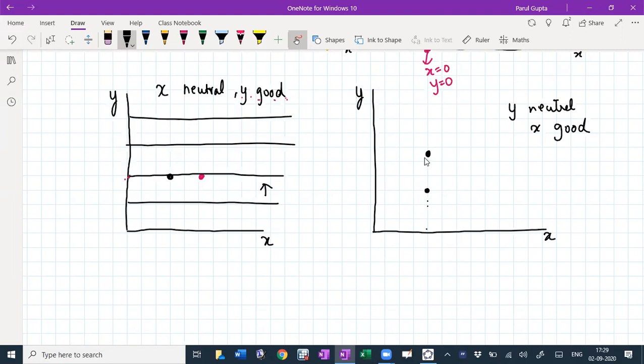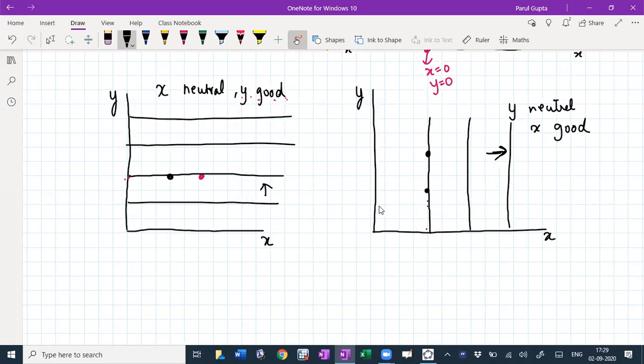If it neither increases nor decreases, that means this utility and this utility are exactly the same, and therefore the indifference curves will look like this with the arrow pointing in this direction. So I just want more of x, but it doesn't matter how much y I have. I will not really be affected by it. Is this fine?